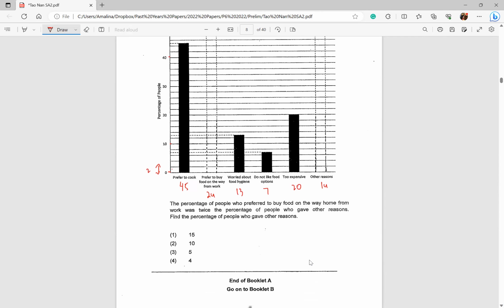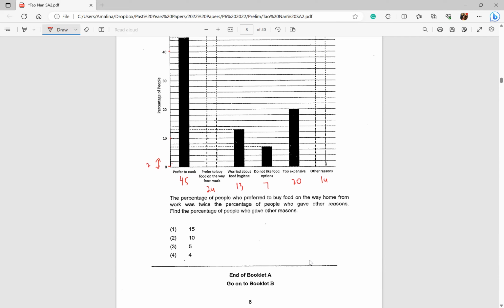So what you can do now is find the percentages for the rest. So 45 plus 13 plus 7 plus 20, you get 85%, which leaves us with the percentage for the other two parts, prefer to buy food on the way from work and the other reasons. So I take 100% minus 85, I get 15%.